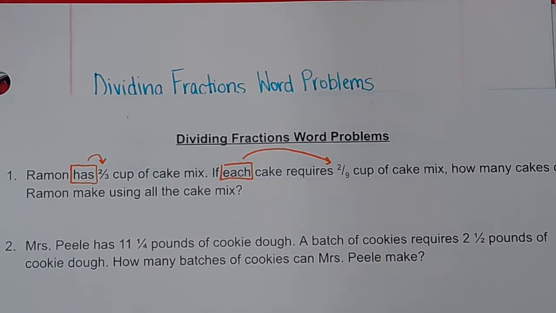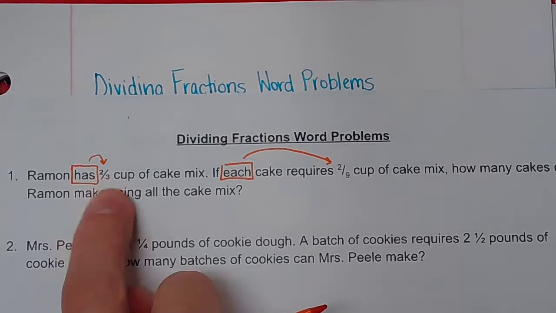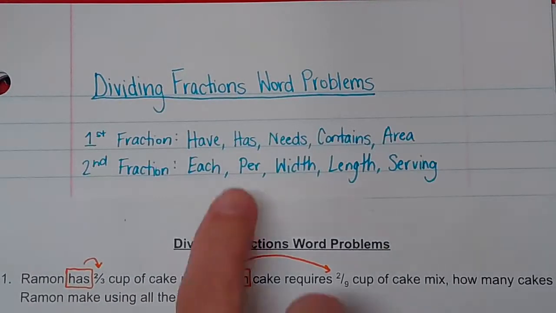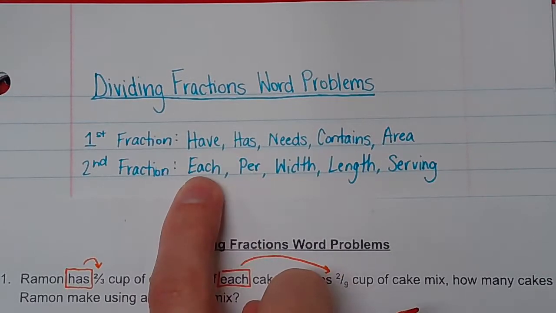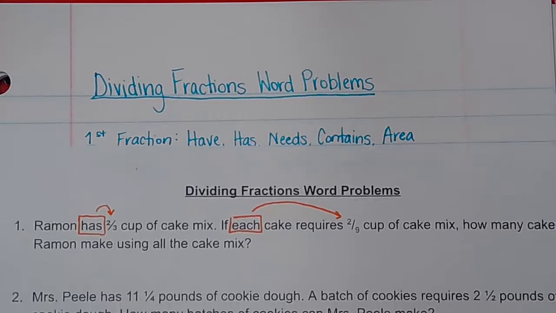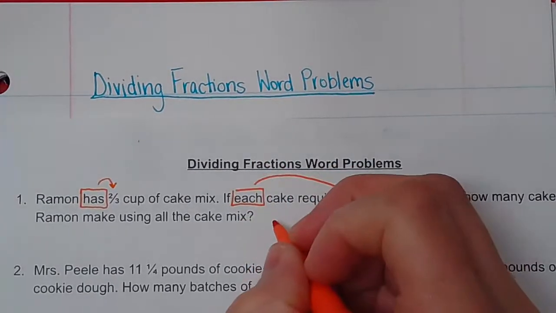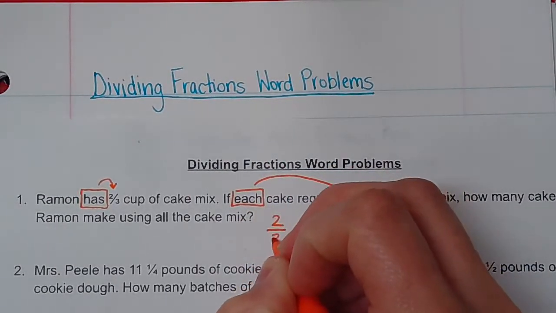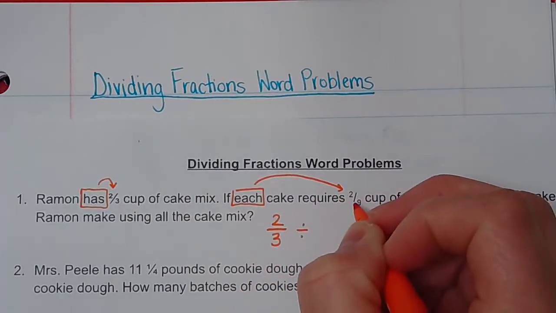So it's kind of like a double whammy that it told you what it was going to be. So has is in my first fraction list, and then each is in my second fraction list. So 2/3 has to go first because it has with it, divided by 2/9.